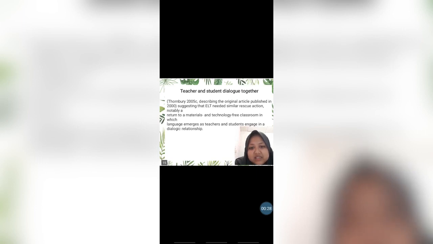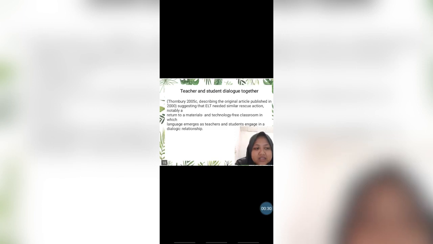engage in dialogue relationship. This original article provoked considerable interest and a group of teachers emerged who wanted to apply certain principles of language learning. They reasoned that language is a construct between teacher and student where it emerges as it's scaffolded by the teacher rather than being acquired.